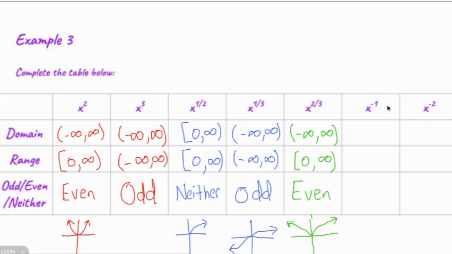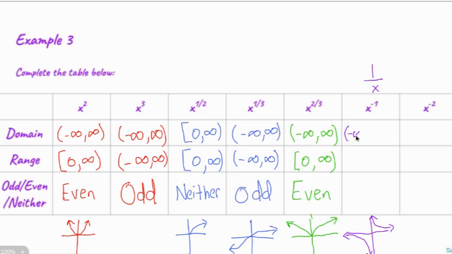Now, what about some power functions with negative exponents? Well, let's go ahead and look at x to the negative 1. We have to remember exponentially, that's the same as 1 over x. Okay? And this is not all real numbers.